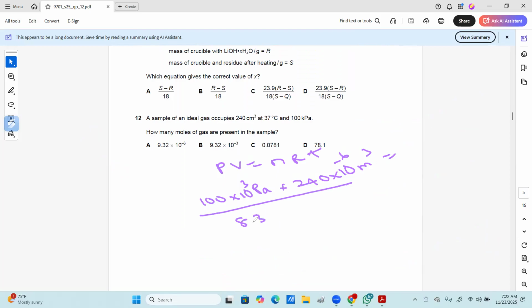R is 8.31 and temperature we need to convert into Kelvin. 273 plus 37, you get 310. So when you solve that, you can find the number of moles, which is equal to 9.32 into 10 to the power minus 3.